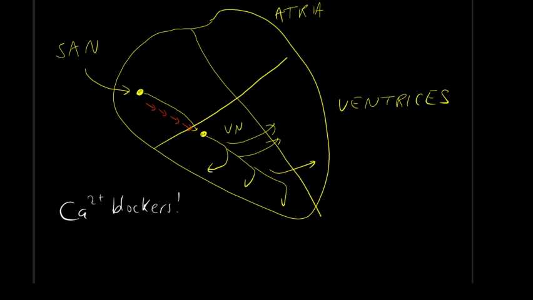So you might remember that in the cardiac action potential, a lot of it is due to an influx of calcium.